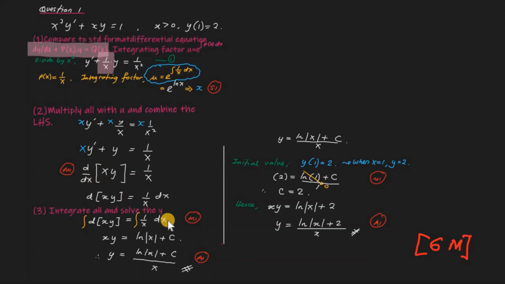Then you rearrange, multiply by dx, integrate both sides, show it, and solve the integral. It's a very simple integration such that you can produce your answer straight away, A1. And because you are given the initial value, x is 1 and y is 2, we substitute, and hence we get the final answer. Compared to your work, let's see how much mark you get. Okay, thank you.